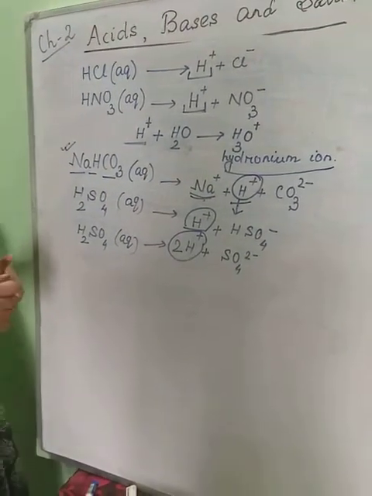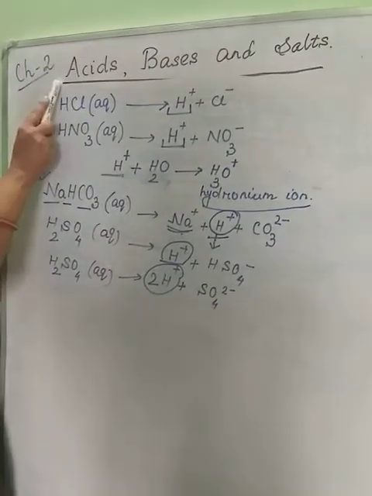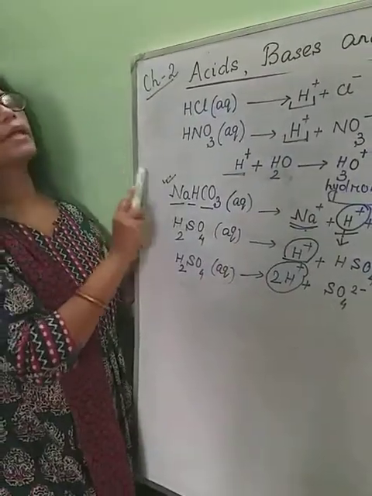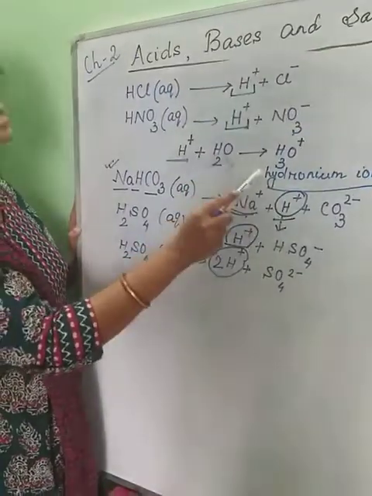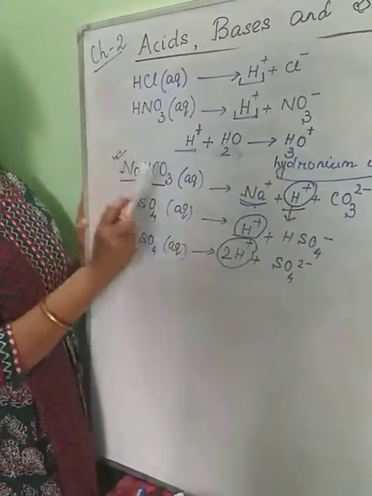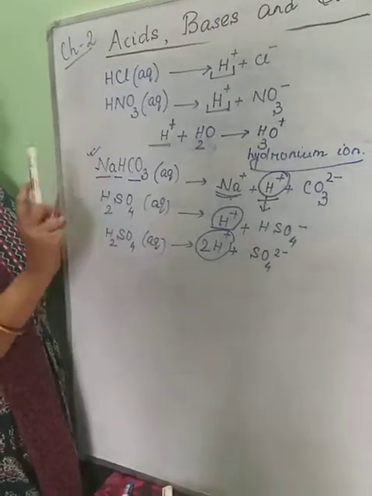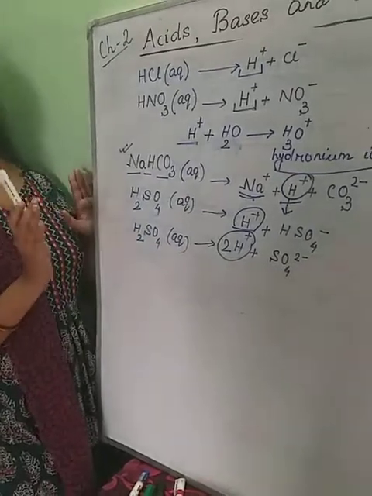So, what is the complete definition of an acid? The substances that are able to furnish, able to release hydronium ion as the only positive ion in aqueous solution are called acids.